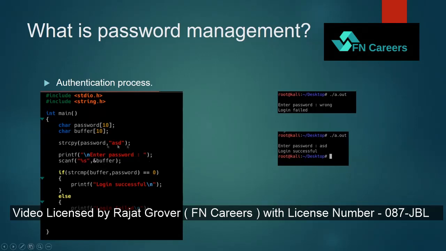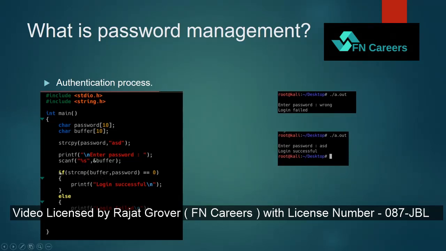In that case, I'm using scanf with %s, which is the identifier for string, so the program knows we're going to read a string into that buffer variable. So we have two variables: password, which we hard-coded to be ASD, and the buffer variable, where we are inputting our information. Here we are just comparing the two variables.